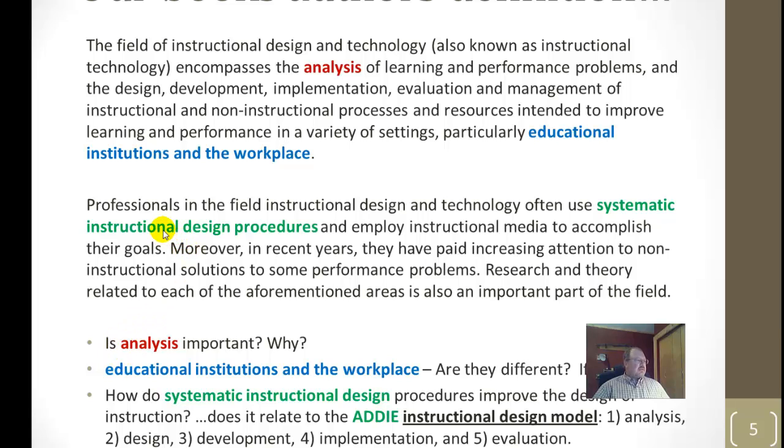Now, secondly, educational institutions and the workplace. Are they the same? Are they different? Are there different ways of approaching instruction for each separate environment? I would think off the top of my head that the workplace might be more specific in its needs.